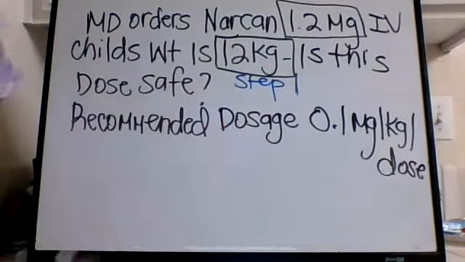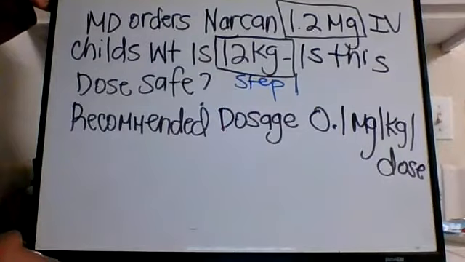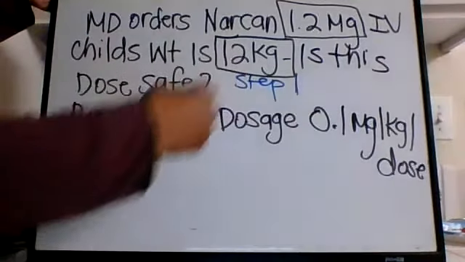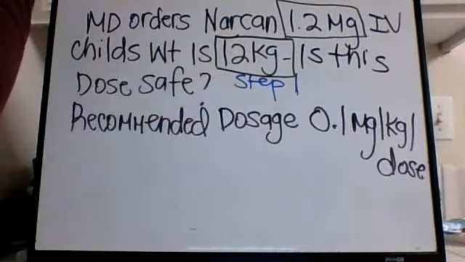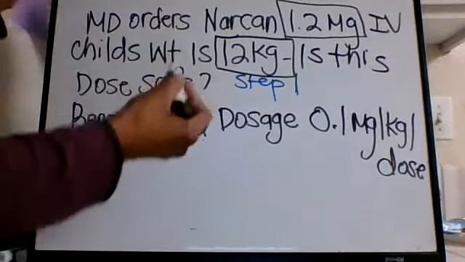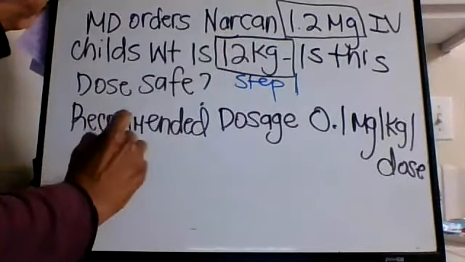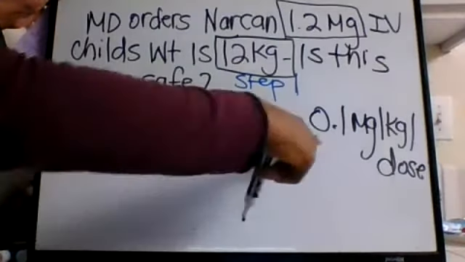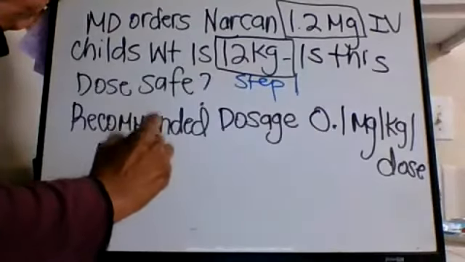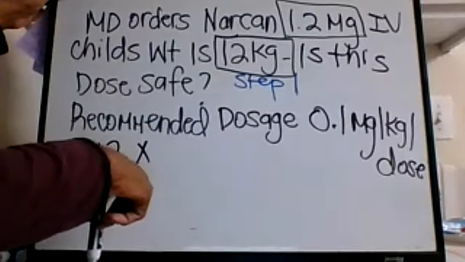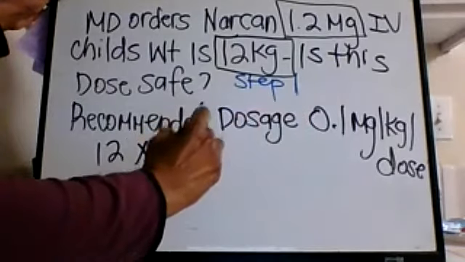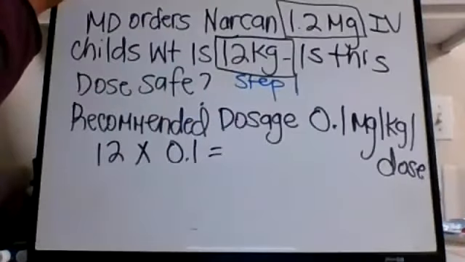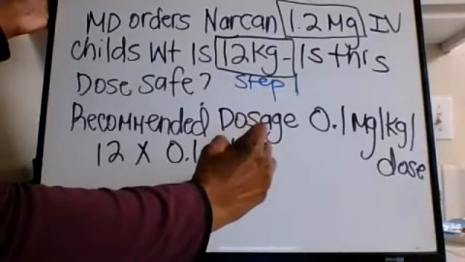Step two is to solve for the recommended dosage. Take the child's weight in kilograms, which is 12 kilograms, and always multiply it by the recommended dosage. Take the 12 kilograms, multiply it by 0.1, and that gives us 1.2.